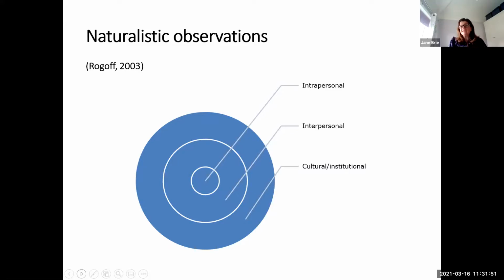What is the context, and the cultural dimension within that as well. So thinking about that in more detail as well. And often a lot of research uses Rogoff's planes of analysis to analyse work they've done and research they've done with children and adults, but children, that's our focus.